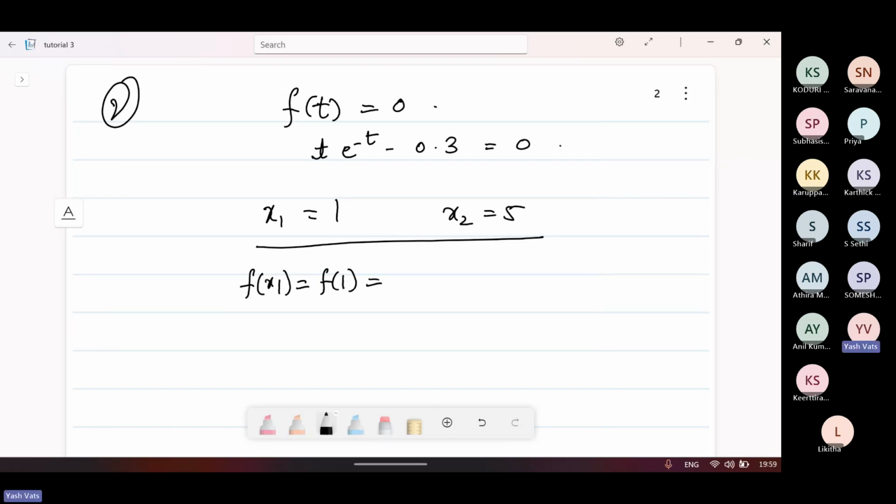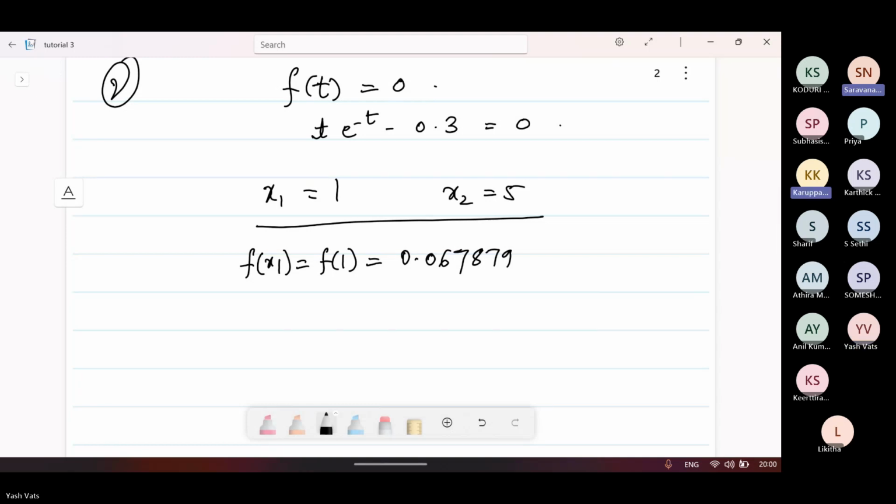You calculate it. 0.067879. Okay, inverse of e minus 0.3. So it is greater than 0, right?